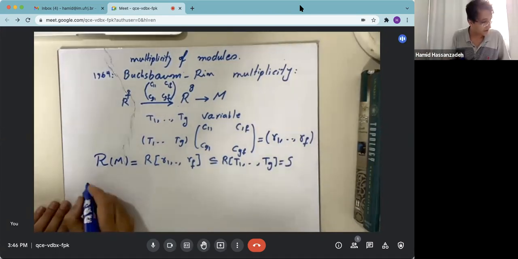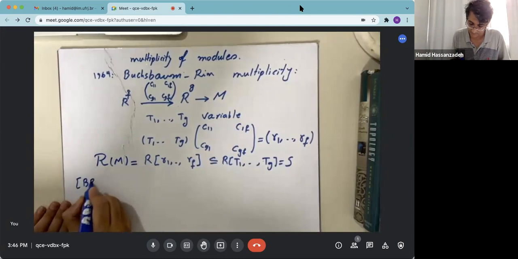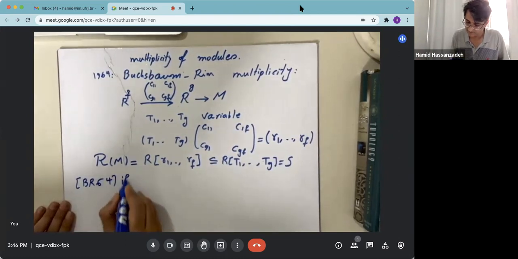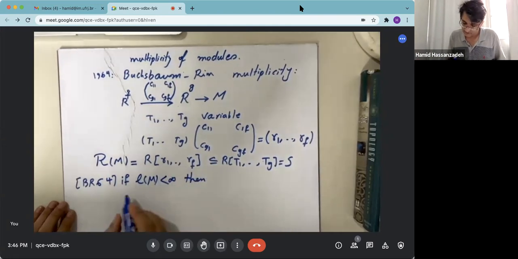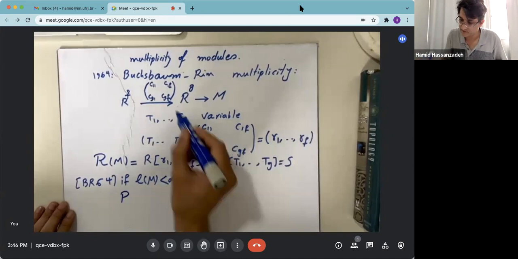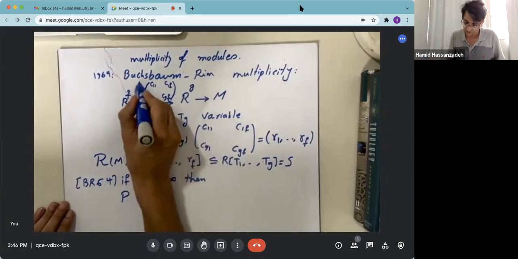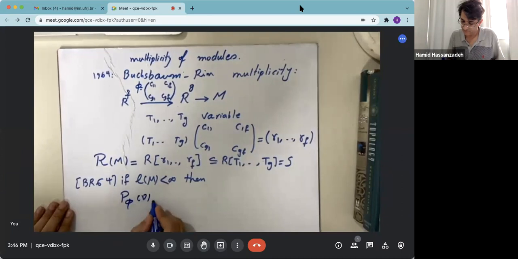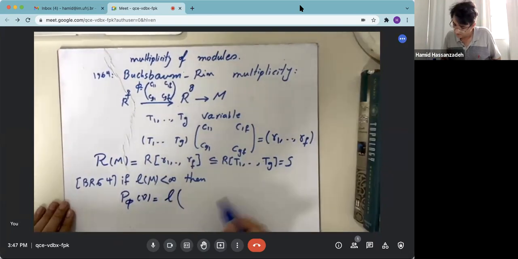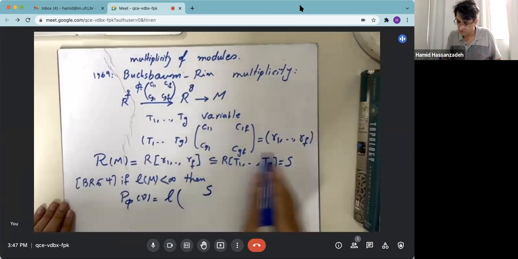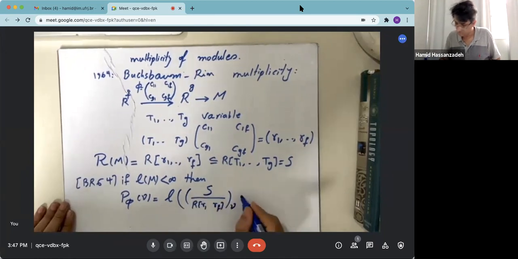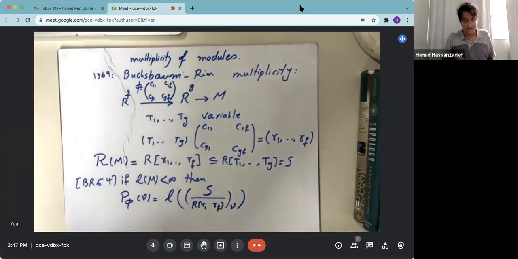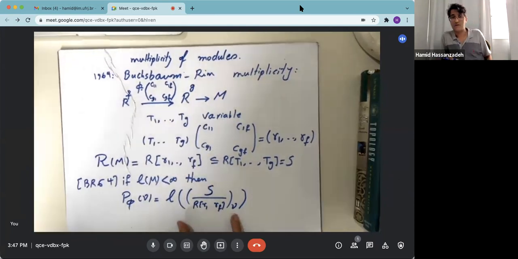And then Buchsbaum and Rim show that if the length of M is finite, then this function, where we call this matrix phi, P phi of v, which is the length function of S over this subalgebra in degree v, they show that this function is eventually a polynomial.